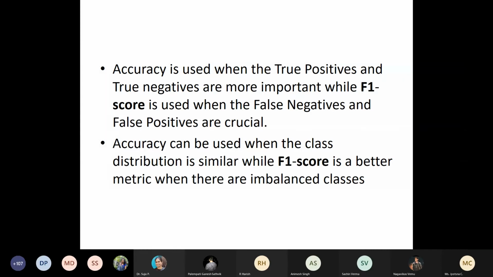In that case, the predictions may go wrong. Accuracy may not be able to give a proper measure. So in that case, F1 score will be a better metric, and it can give the value correctly. With the help of that, we can tell whether your model is performing better or not.